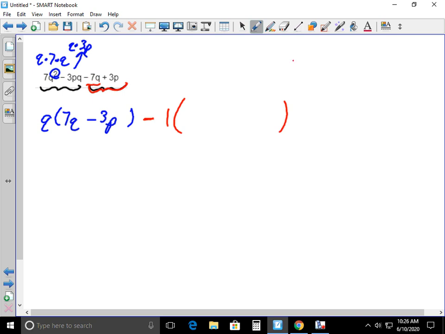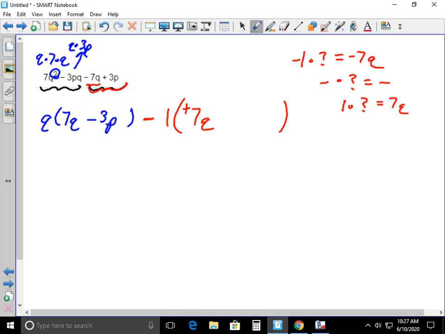We're going to say negative 1 times what makes negative 7q? Negative times what sign makes a negative? Negative times a positive. And then 1 times what makes 7q? Anything times 1 is itself. So 1 times 7q is 7q.